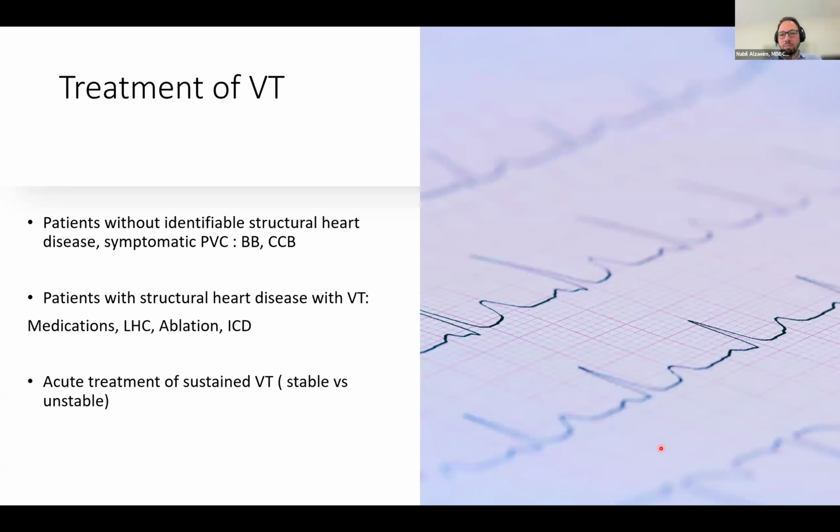And of course, ICD placement is indicated for prevention of sudden cardiac death in patients with structural heart disease, cardiomyopathy, or sustained VTAC, or an episode of VFib if a reversible cause has not been excluded.